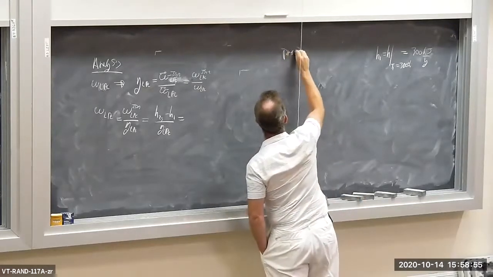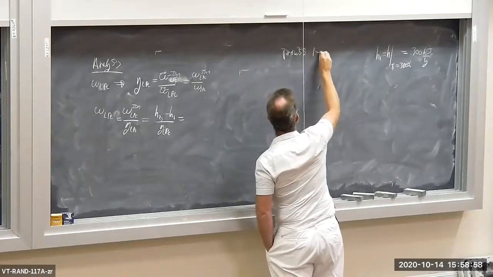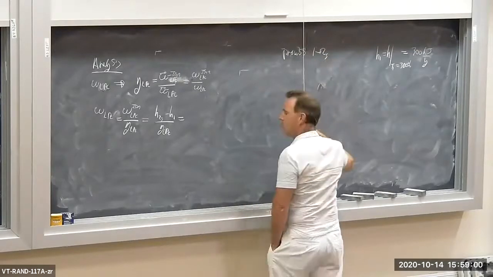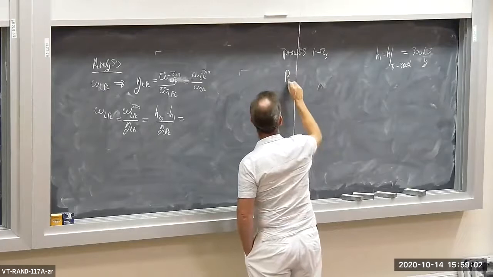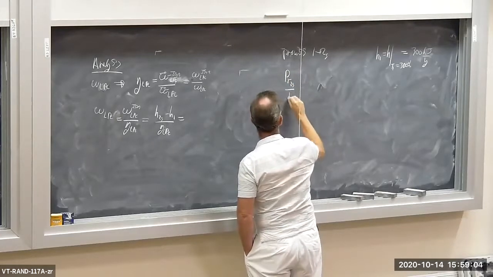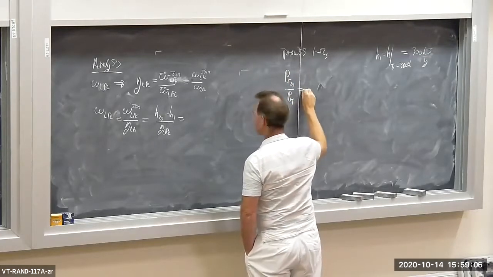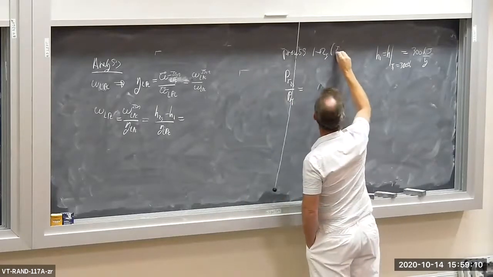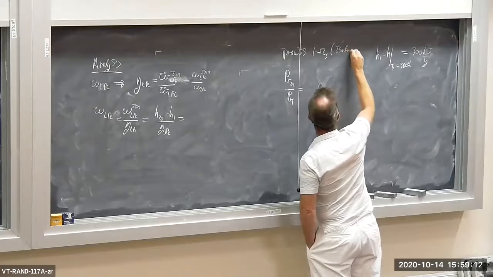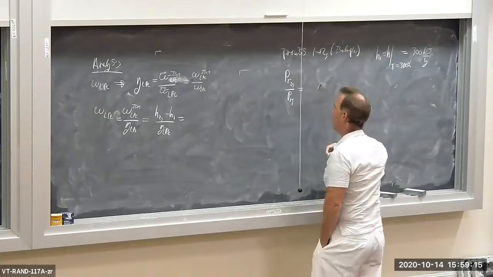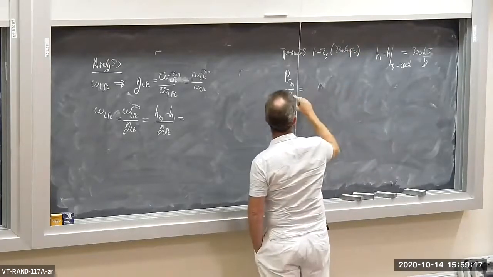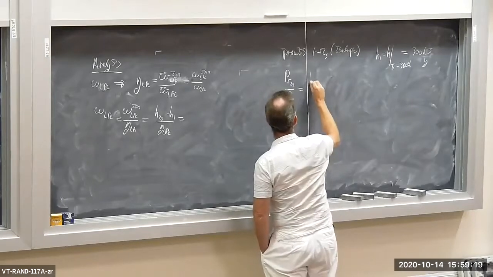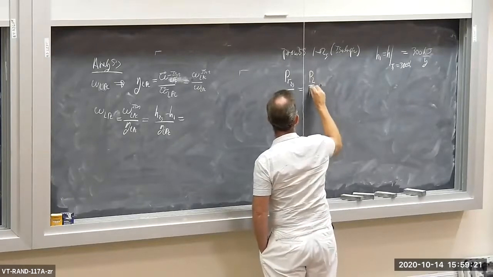If we go through and note process 1 to 2s, we have Pr2s over Pr1. It's an isentropic process, so we have Pr2s over Pr1 is equal to P2 over P1.